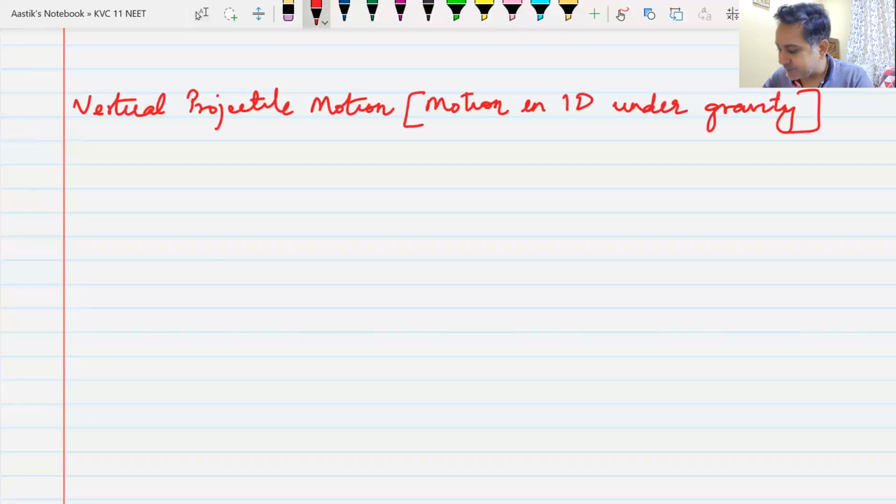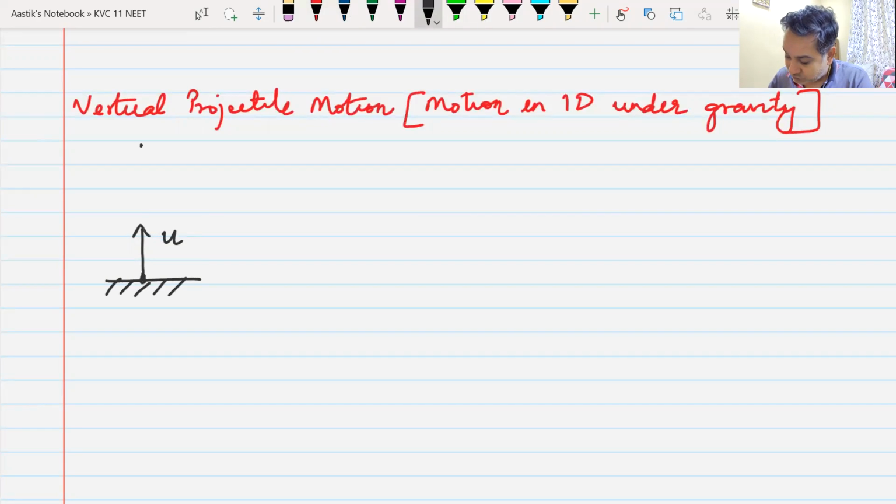Do we understand this? What was happening here? You were standing on the ground. A ball was thrown up with an initial velocity u. It was reaching a certain height h. It was stopping there at the highest point. Velocity was 0. And then it was coming back. We have studied this motion under gravity.